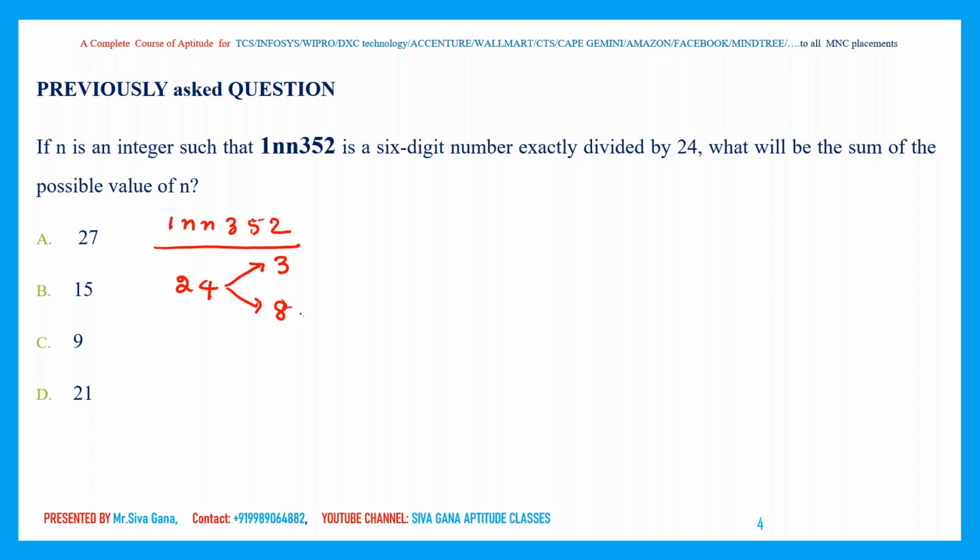What is the divisibility rule of 8? Last 3 digits. If the last 3 digits are divisible by 8, then the number is also divisible by 8. The last 3 digits are 352, and in that our required variable n is not present. That is the reason why I'm using the divisibility rule of 3. What is the divisibility rule of 3?